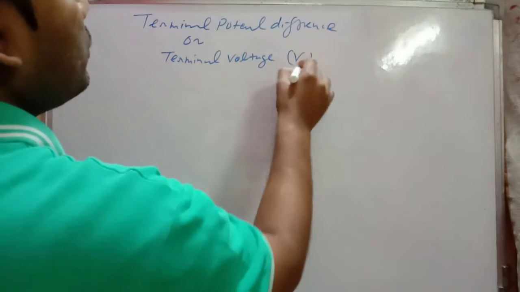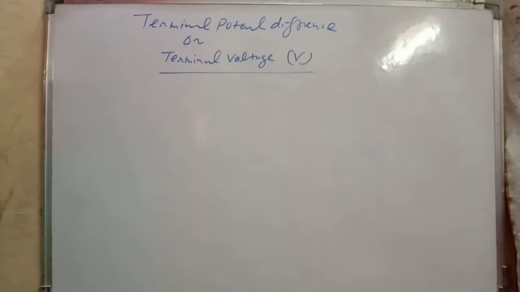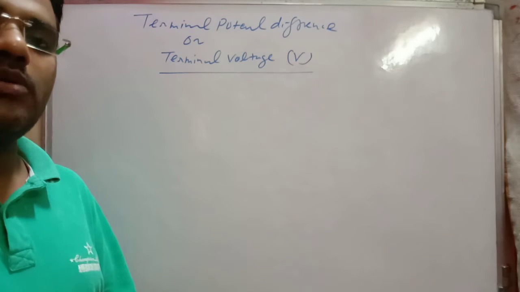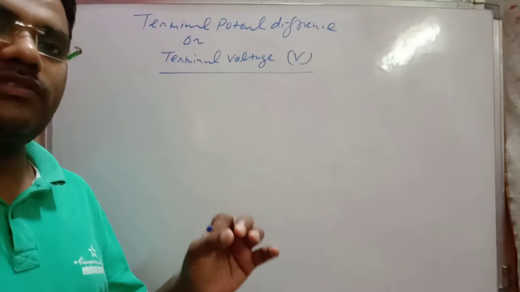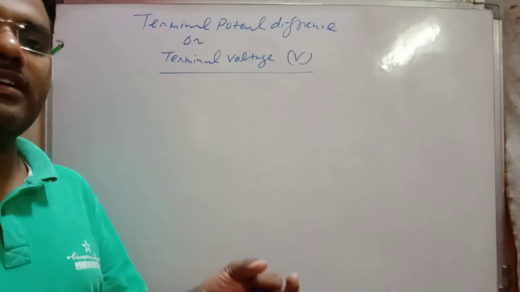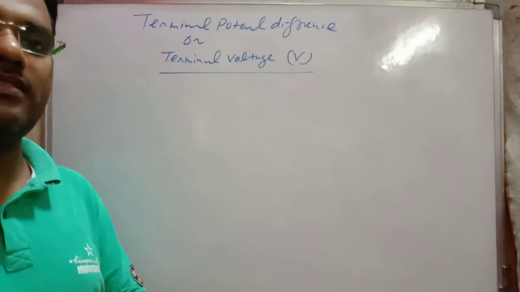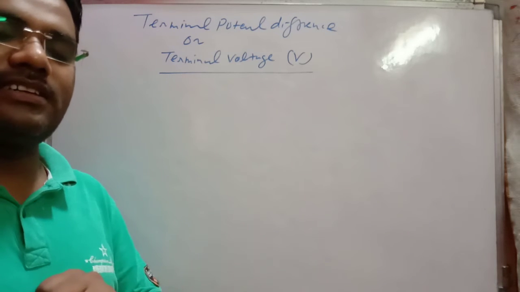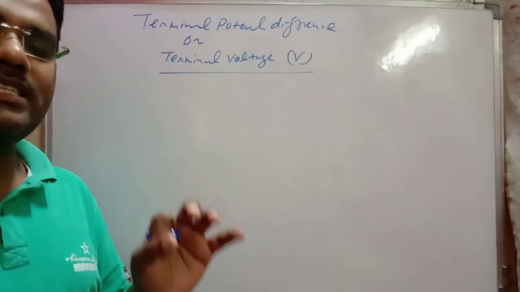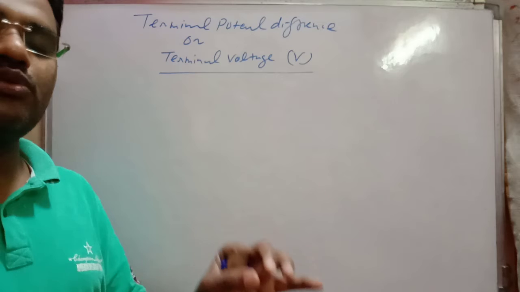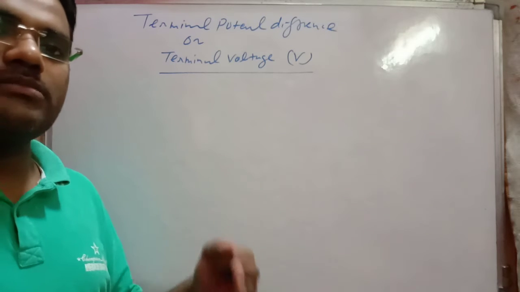Terminal voltage is denoted by V. Terminal voltage of any cell is defined as the potential difference between the terminals of the cell if there is an electric current drawn from the cell. And EMF is defined as the potential difference between the terminals of the cell if there is no electric current drawn from the cell.